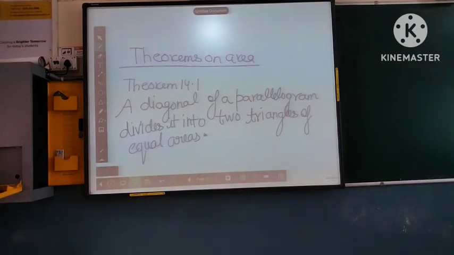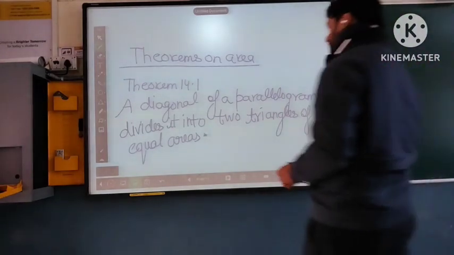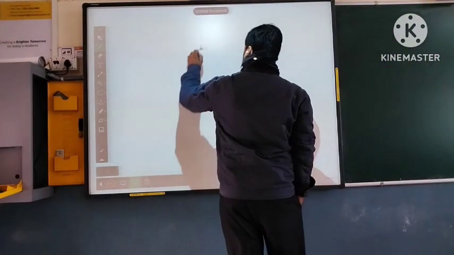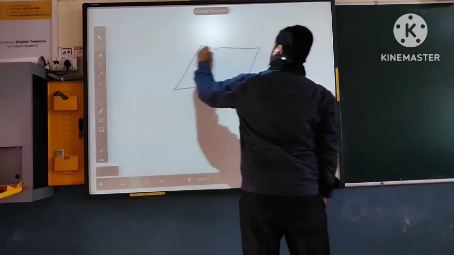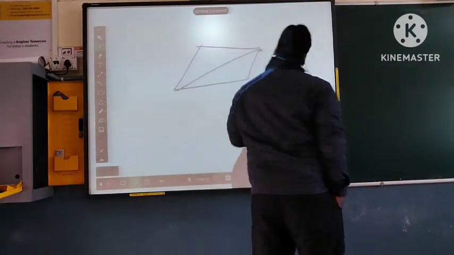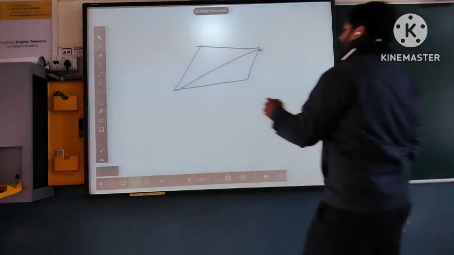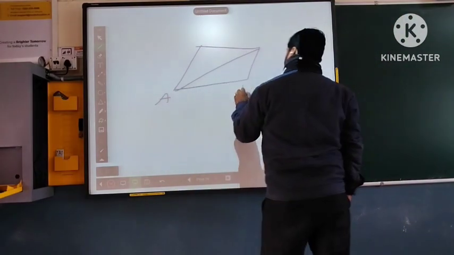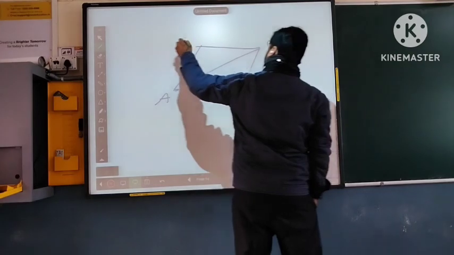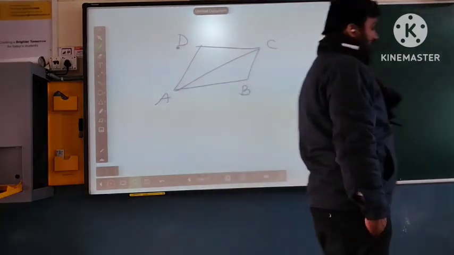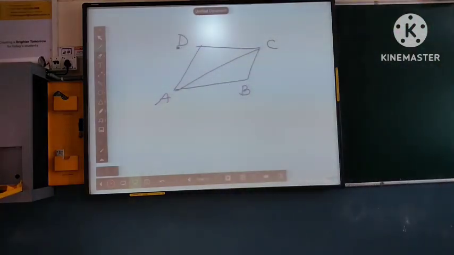And you have done a similar thing for a rectangle also, yes or no? That the diagonal of the rectangle divides it into two equal parts. Now see, I am drawing the proof part. I am taking a parallelogram and I have drawn a diagonal also. Let us name it A, B, C and D, and the diagonal is AC.